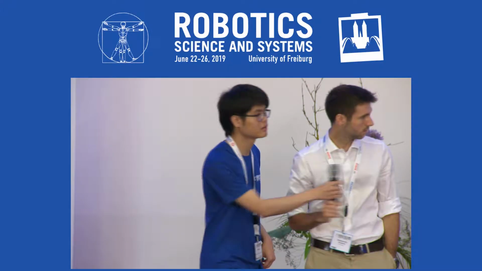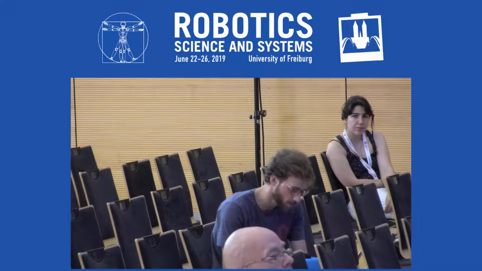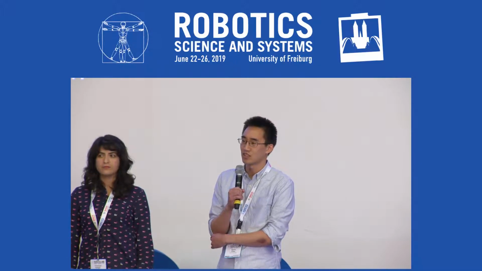Yeah, question for the fourth speaker. For the topological map, how did you assign action costs for the different behaviors that you enumerated? Sorry, did you say action cost? Yes. Could you elaborate on that?